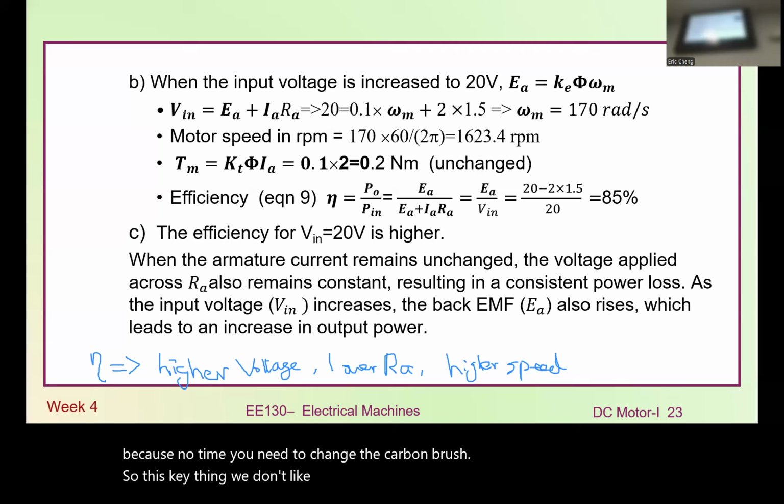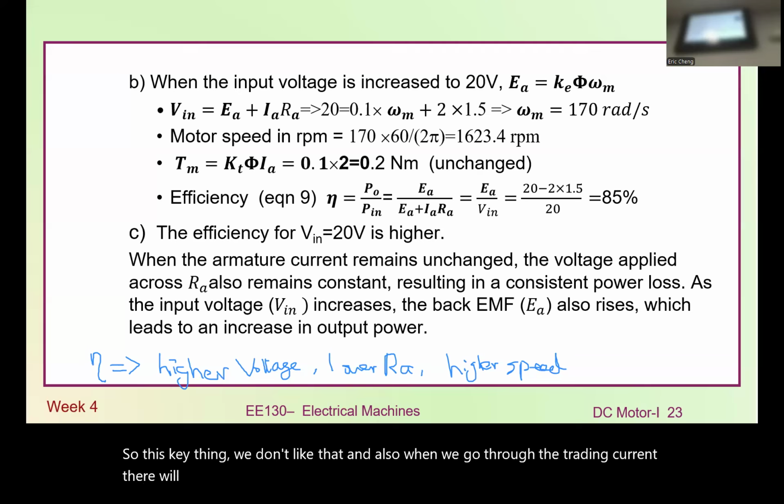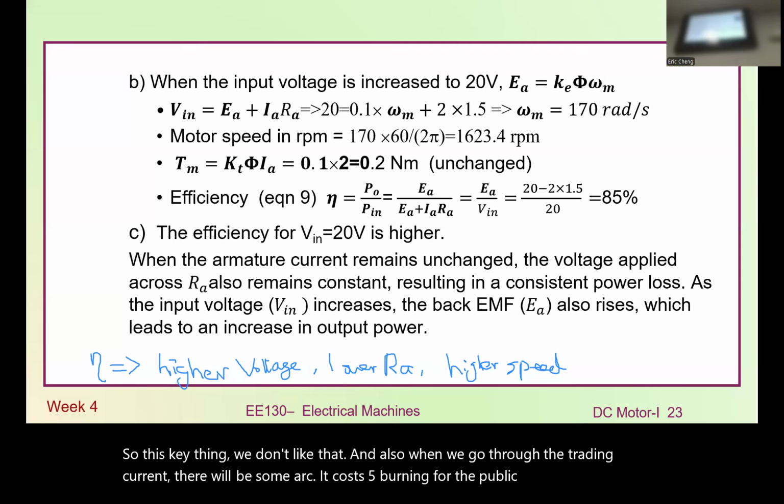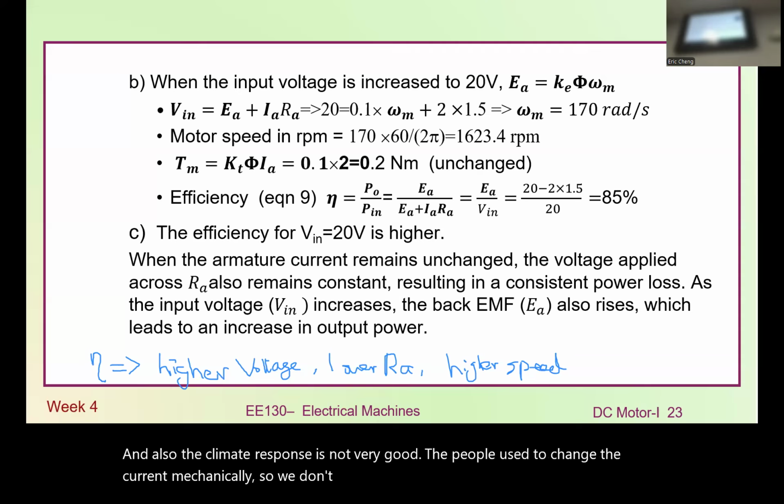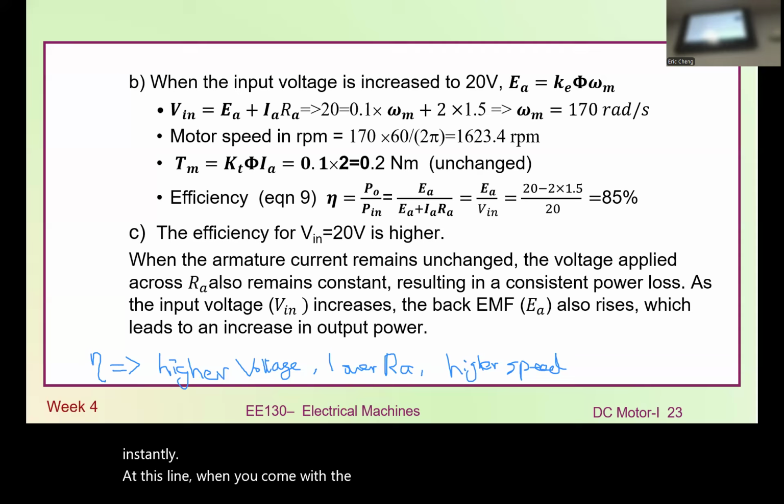Also, when the current is switched, there will be sparks causing burning of the carbon brush. The dynamic response is also not very good because you change the current mechanically, so you don't have an active method to change the current instantly. That's why power electronic control of the motor current gives much higher performance.